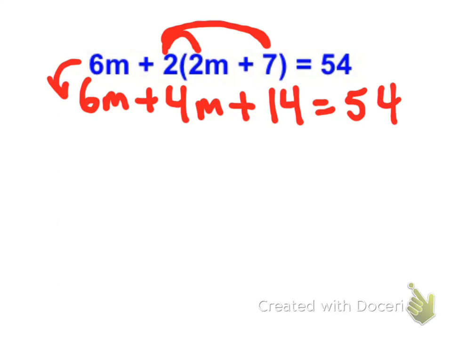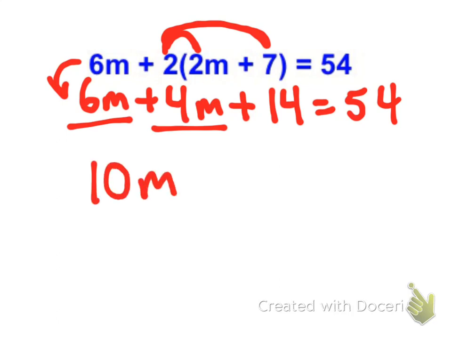So distributive property, done. After we distribute, we combine like terms. So 6 monkeys plus 4 monkeys is 10 monkeys. And I didn't do anything with this 14, so let's just rewrite it. Equals 54.